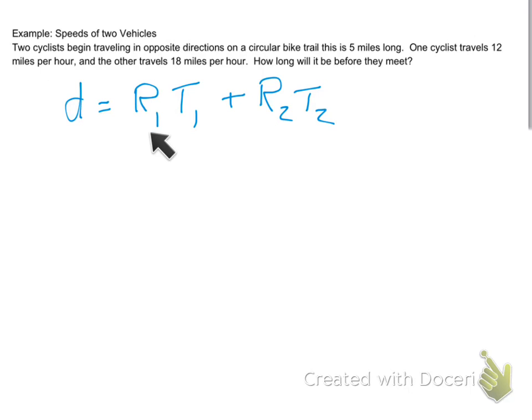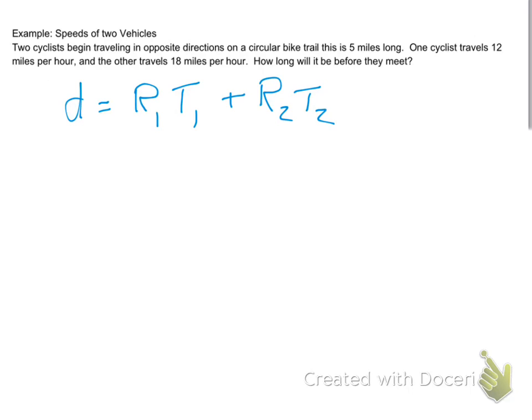That the rate of the first guy times his time, added to the rate times time of the second guy, will have a total distance that they travel together. Where R1, T1, R2, and T2 are the different bikers. Because what's rate times time? Distance. And so their distances together will make up the larger distance that they're going to cover.